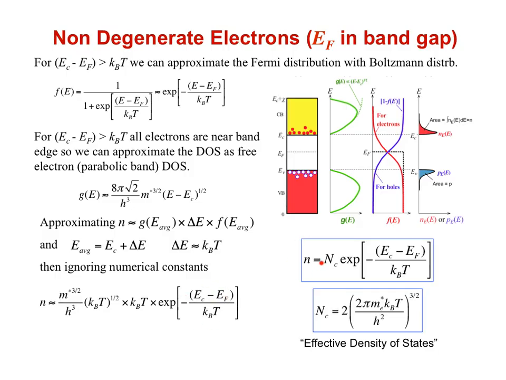This gives us the density of electrons in the conduction band is exponentially proportional to the difference between the Fermi level and the conduction band edge divided by kT, times a numerical constant we call the effective density of states, where the effective density of states depends on the effective mass of the conduction electrons and kT. This effective density of states has units of number of states per volume because it is the density of states, which normally has units of states per volume per energy, times an energy, or kT.